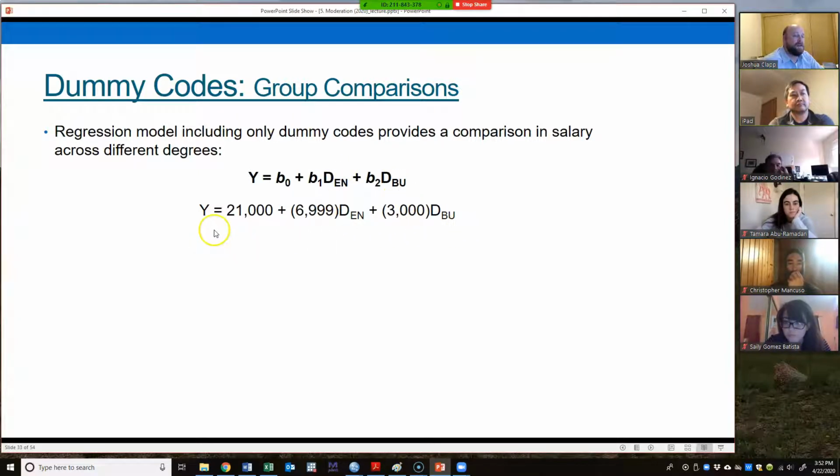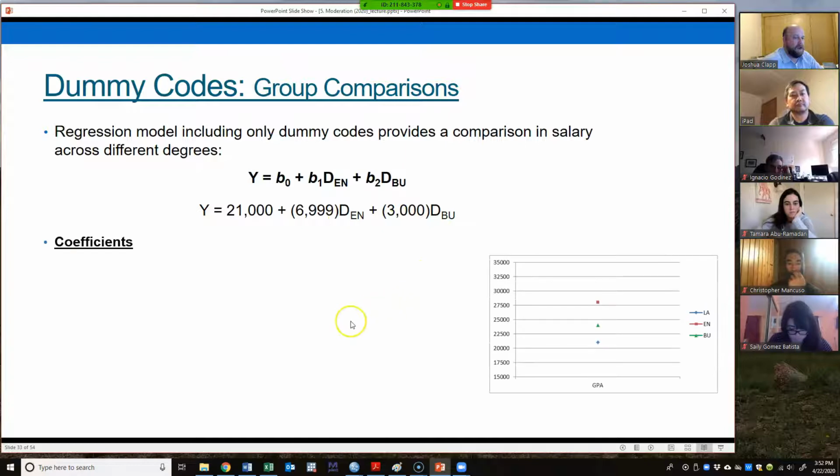And when I do that, this is the equation I get: 21,000 plus 6,999 times engineering plus 3,000 times business. Okay. And if I take a look at these coefficients, my interpretation of my regression intercept here is going to be the mean salary for people in liberal arts.